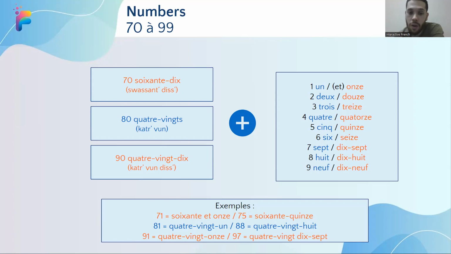And then 90, 91, 92, 93, 94. So you count the same way as you would for 70, except for 91, you don't say the et. So that's basically how it works. So that's the numbers from 70 to 99.